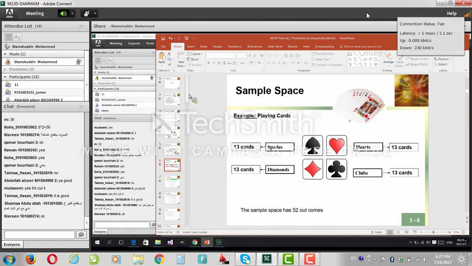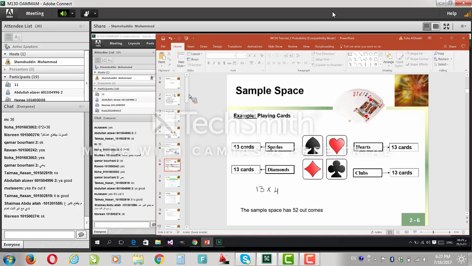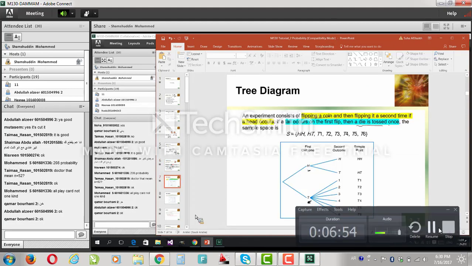In one suit we have 13 cards. So in total, since I have 13 cards multiplied by the 4 suits that we have, there are 52 outcomes in this experiment. So in withdrawing one card, the set of outcomes is 52.